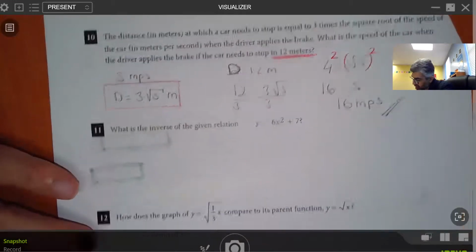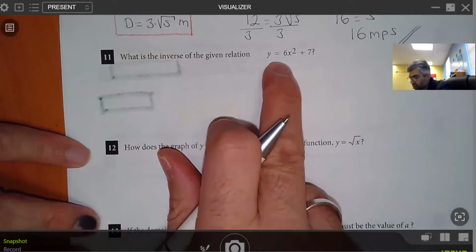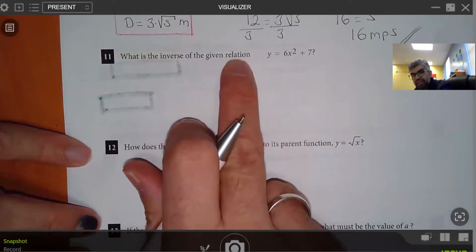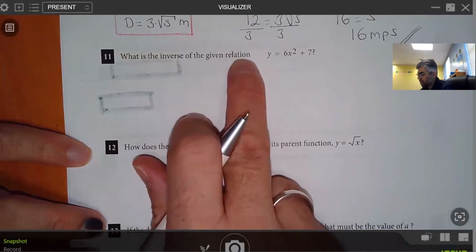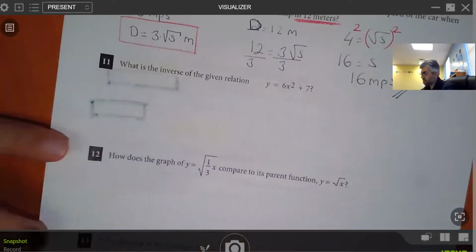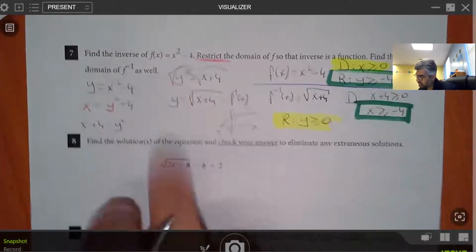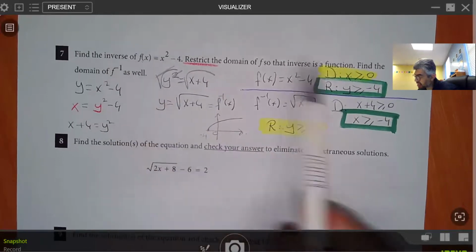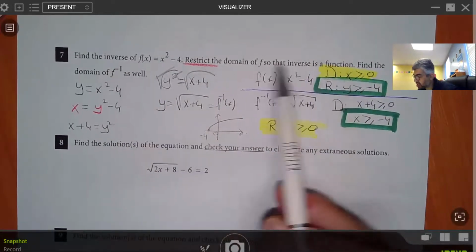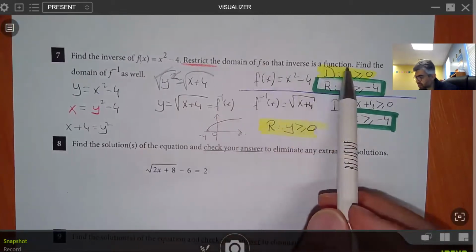Good. What is the inverse of the given relation? Attention, it doesn't say function, it says relation. What is the difference? Remember question number 7: this is a function, and the inverse is a function. You restrict the domain of f so that the inverse is a function.